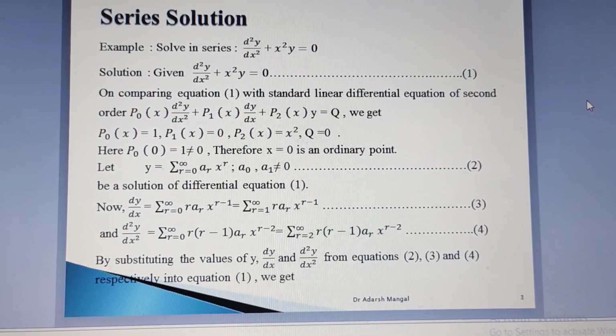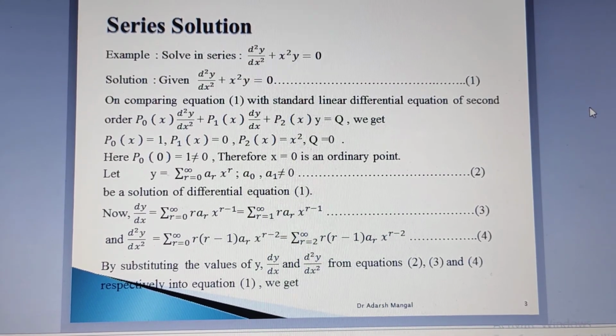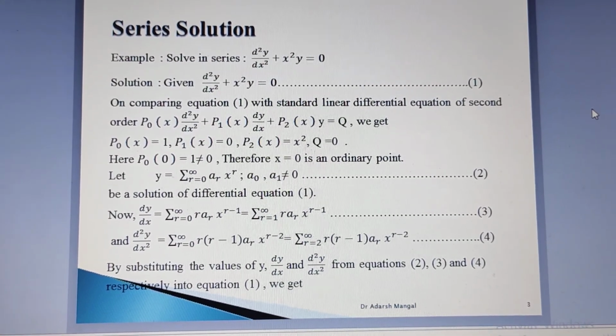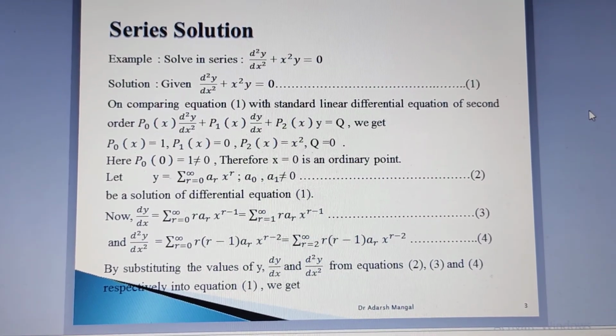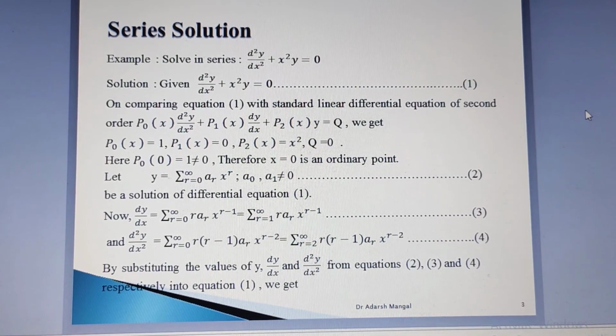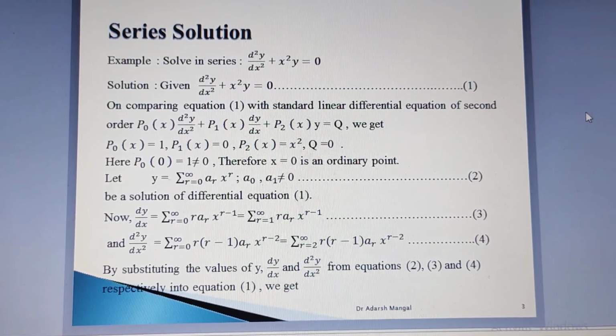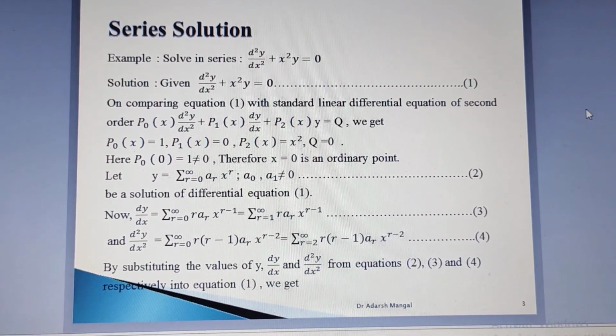Now differentiate with respect to x: dy upon dx is summation r ar x power r minus 1, r running from 1 to infinity, and y2 is summation r into r minus 1 ar x power r minus 2, r running from 2 to infinity.